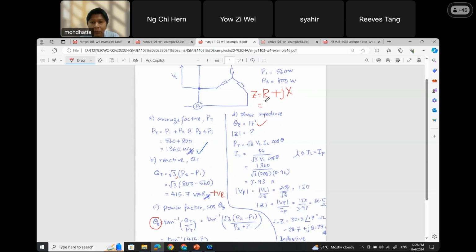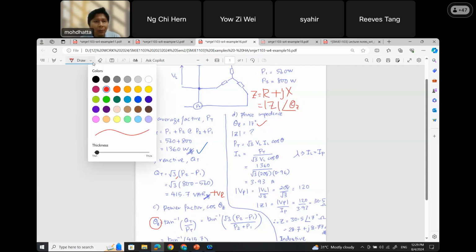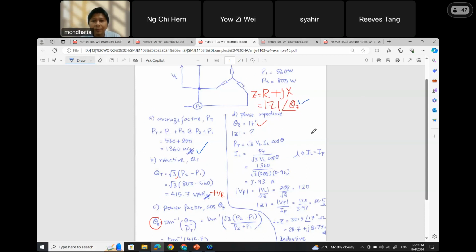We can also write it in a polar form, where we have the magnitude of Z and here we have theta Z. Based on what we have earlier, we got this one.